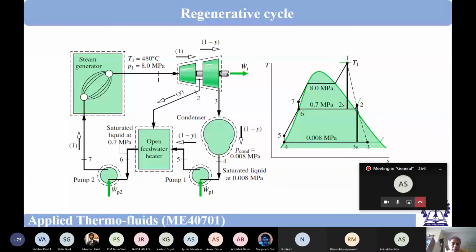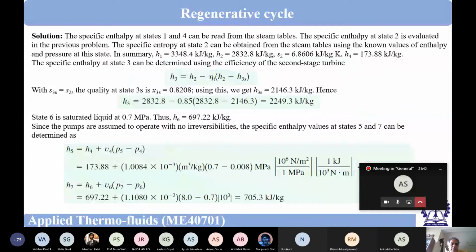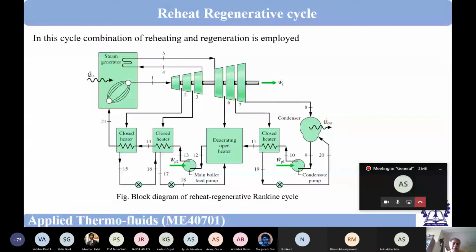Okay, so then we have the reheat regenerative cycle, where we have both reheat and regenerative. As I have told, when we have regenerative feed heating, particularly for a practical steam power plant, we have a number of regenerative feed heaters.